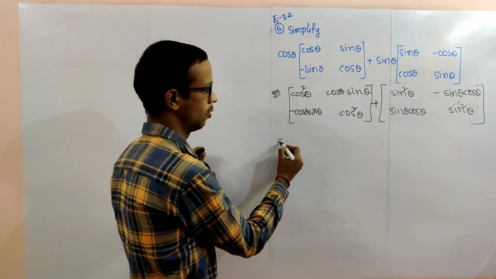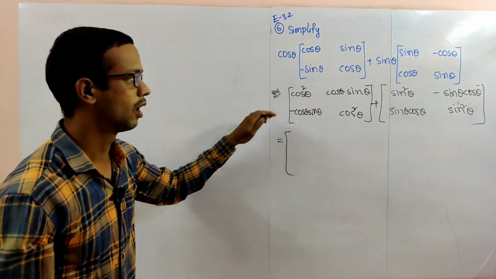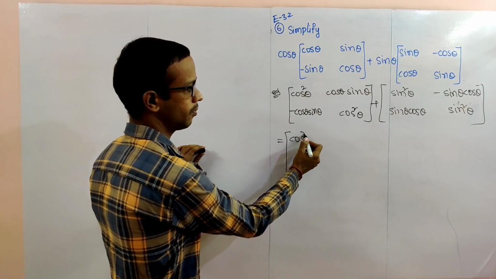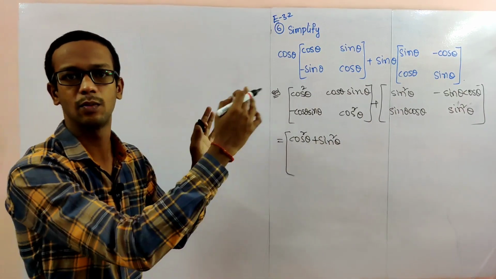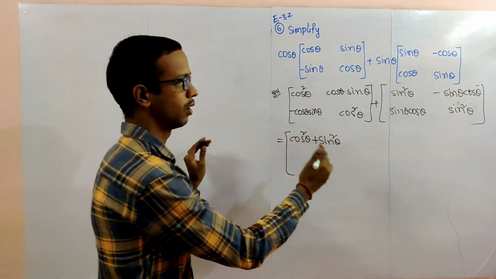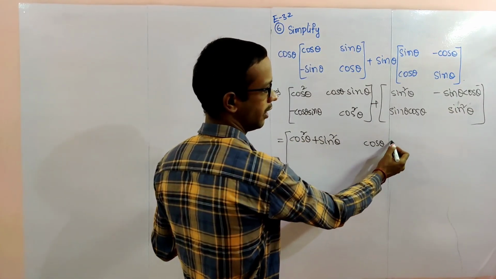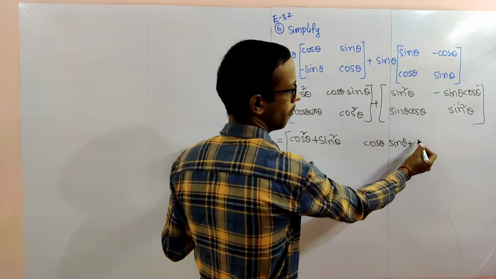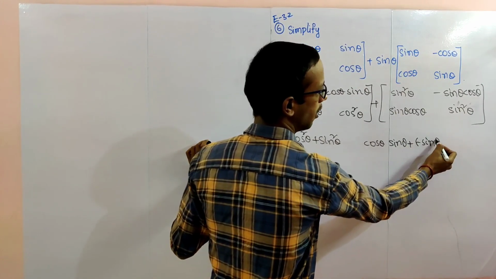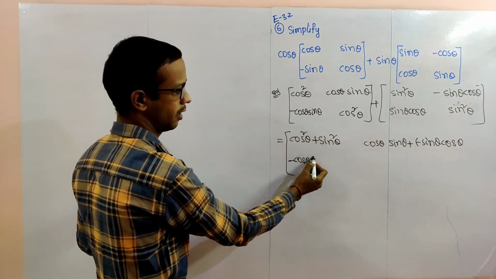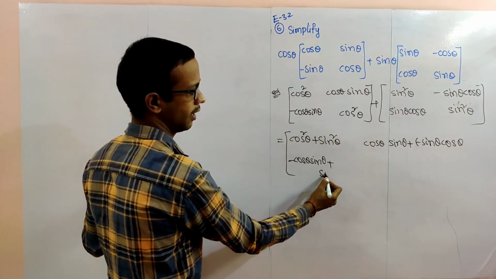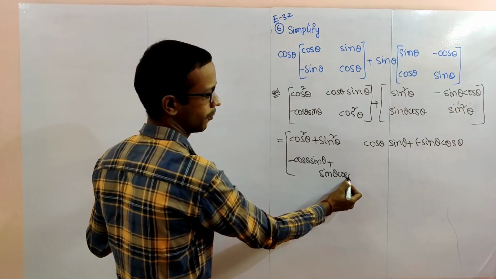Now addition we have to do. Addition, cos square theta plus sin square theta. Addition means corresponding elements addition. So now cos theta sin theta plus minus sin theta cos theta, minus cos theta sin theta plus sin theta cos theta.